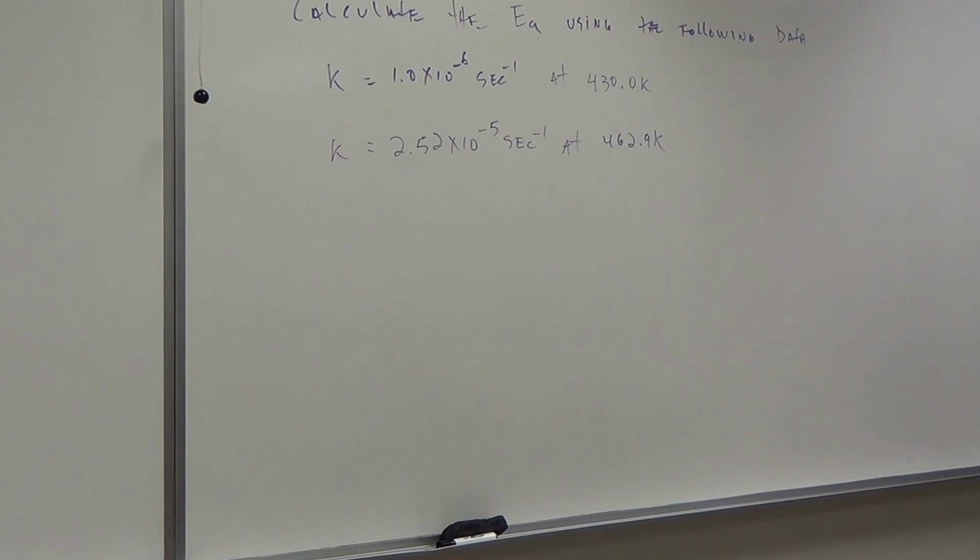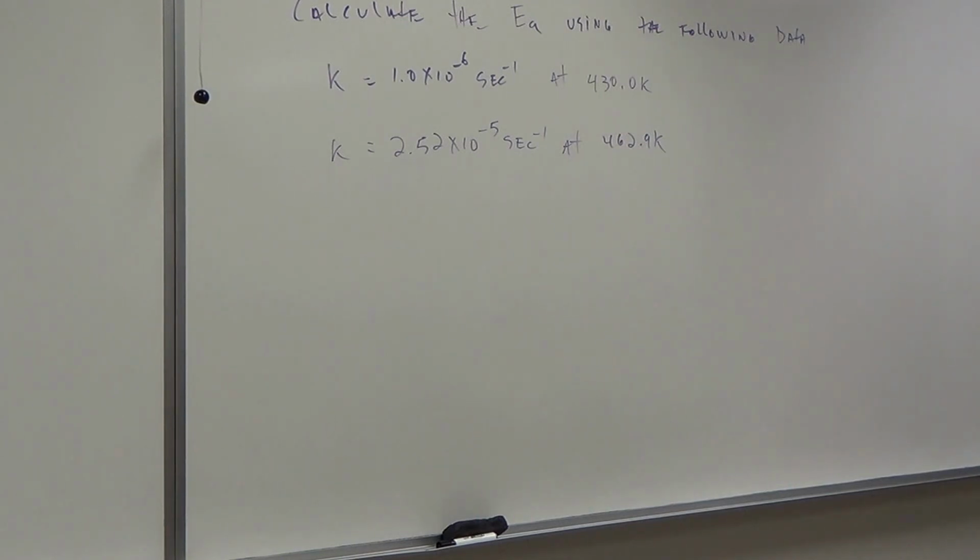Okay guys, what do we do here? Rearrange the equation. Normally, how do we calculate the energy of activation if we have a lot of numbers? We graph it. What do we graph? The data. Yes, but tell me what the graph looks like. A linear slope.